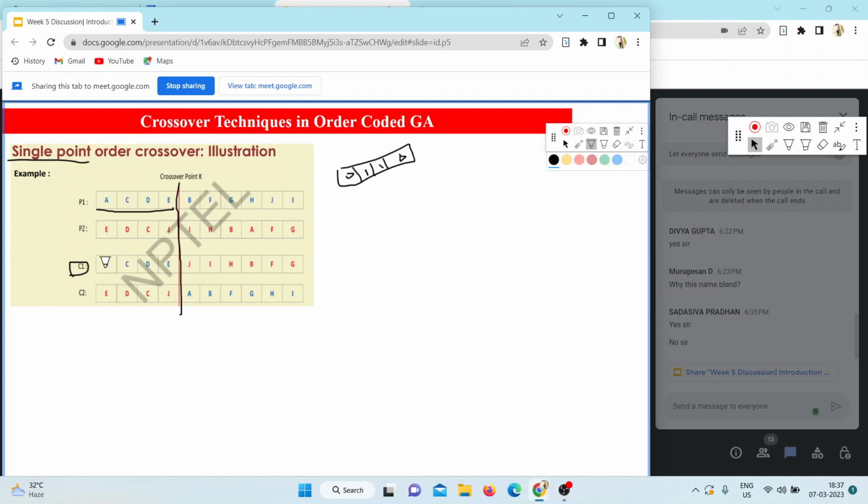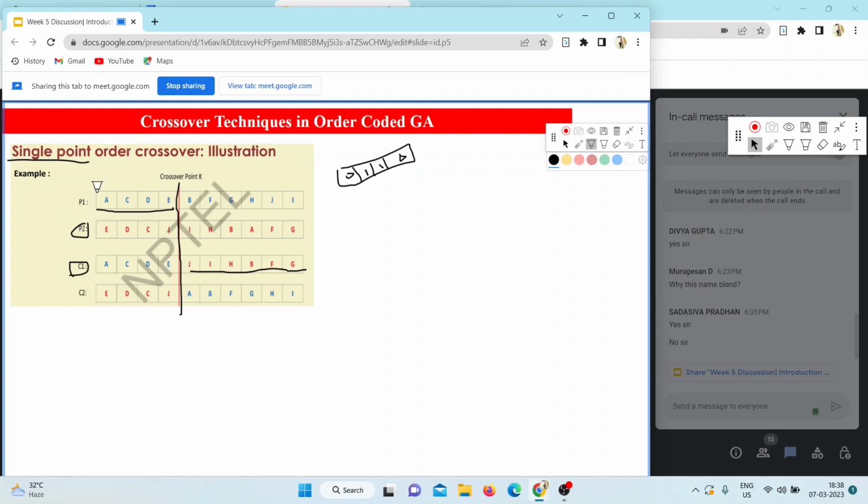We are copying A here, C here, D here, and E here. So we are exactly copying the parent 1 bits to the C1 bits. Now, what about after the bar? After the bar, you search for bits from your parent 2.